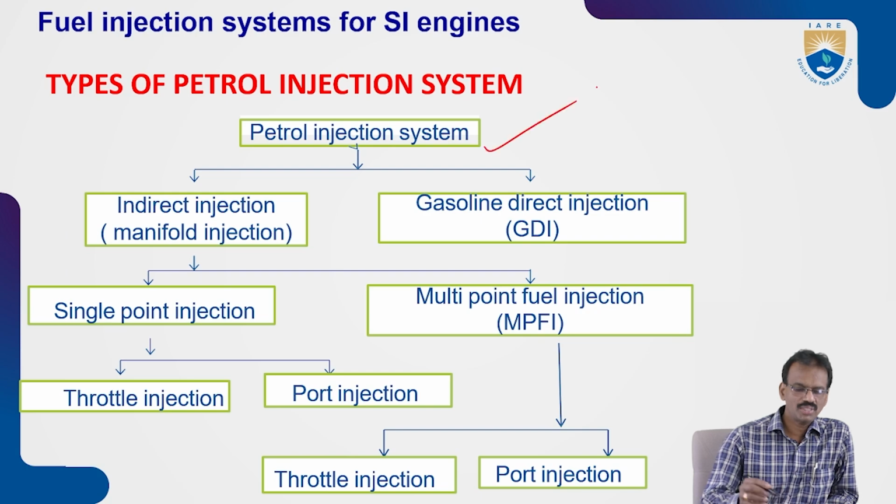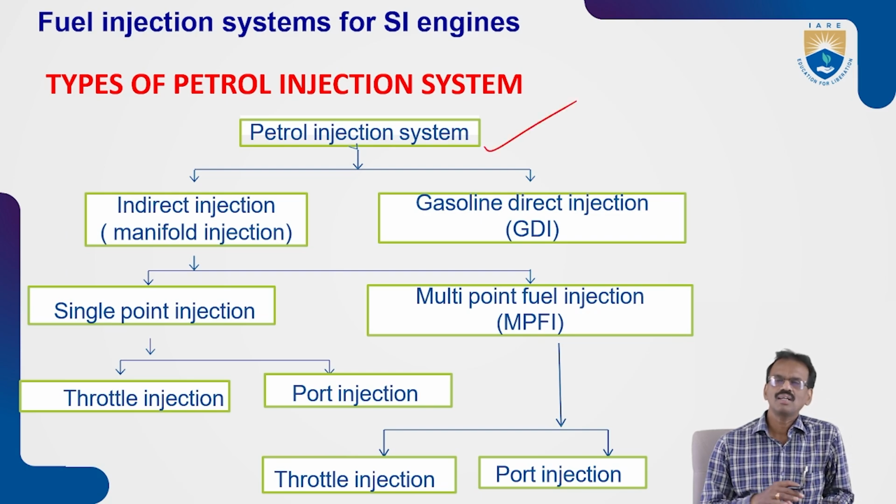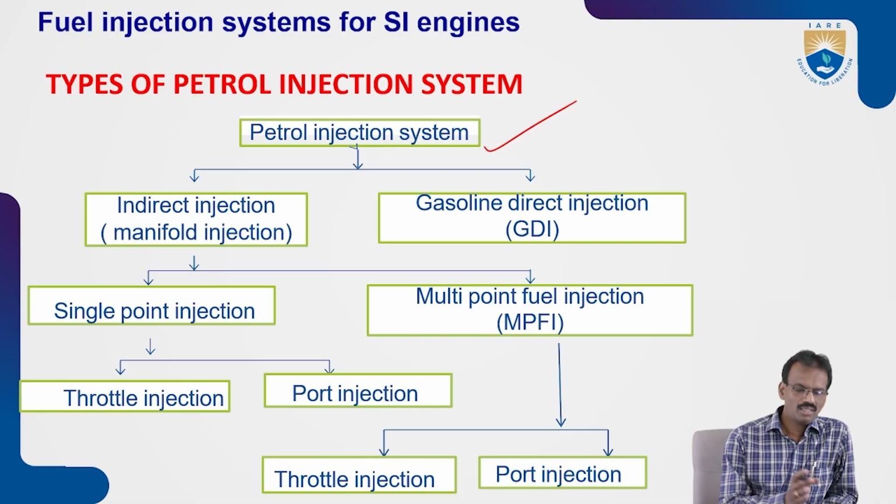Petrol injection systems are basically of two types: one is the indirect injection system and the other is the direct injection system. Indirect means the air-fuel mixture is injected into the inlet manifold. You know this one, this is the inlet manifold.